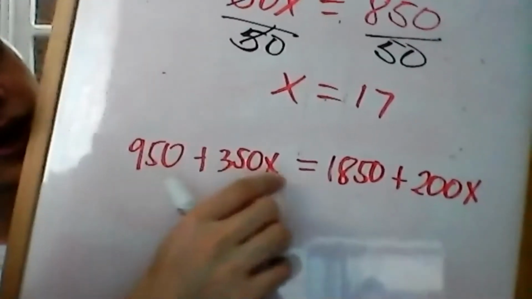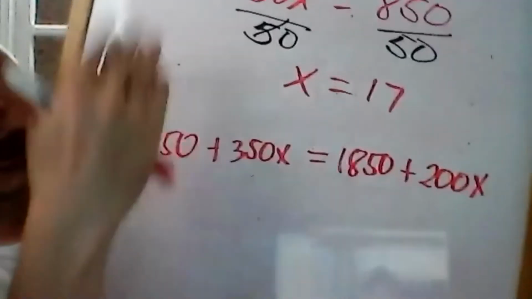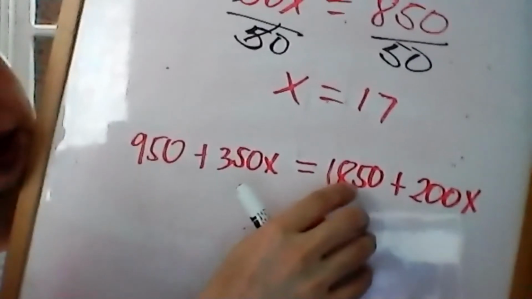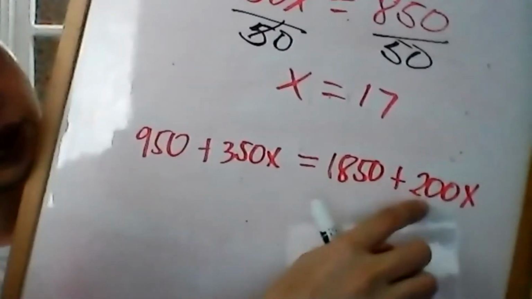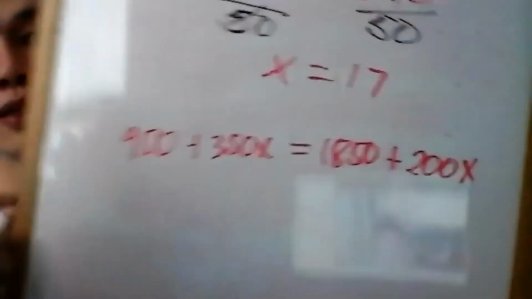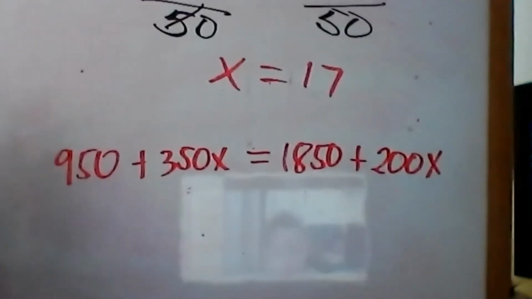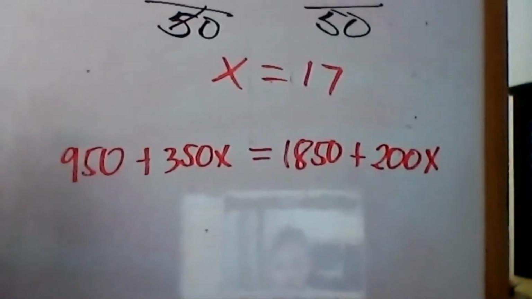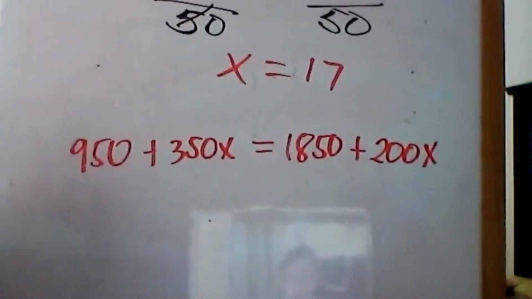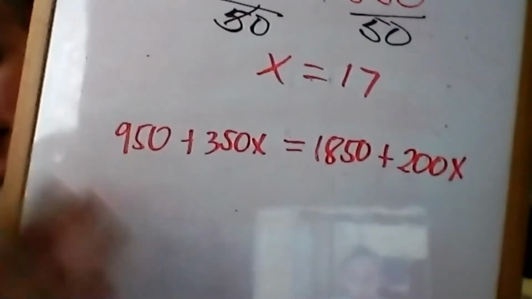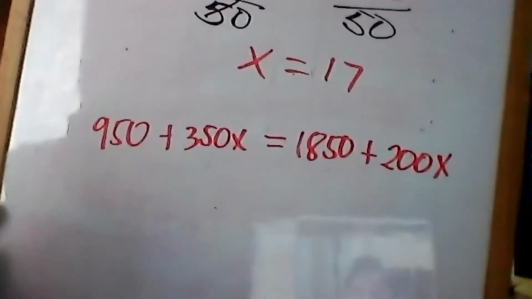So 950 plus 350X equals the other gym's annual membership fee of 1,850 plus 200 per session, 200X. This is the equation that you have to solve. There are two variables here, but the same variable, x and x.